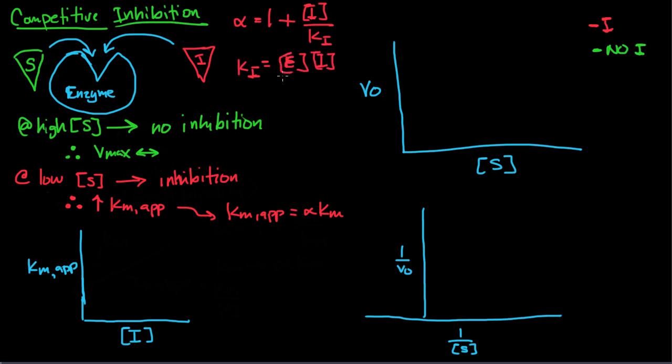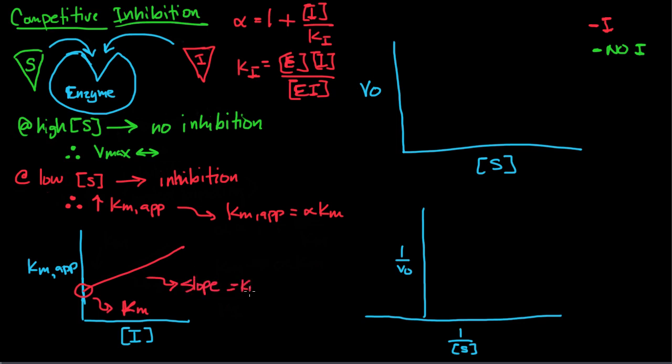Okay. Now, a couple of graphs that we want to be aware of. To solve for the true Km, we can plot Km apparent versus the inhibitor concentration. The y-intercept needs to be equal to Km, because that's when you have zero inhibitor. The slope for this graph is going to be Km over Ki.